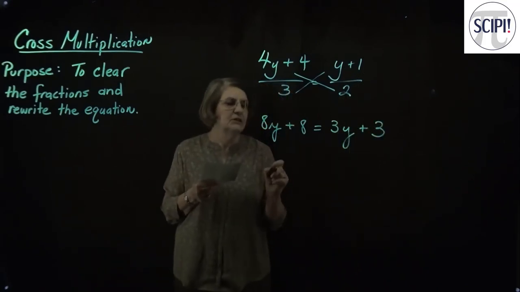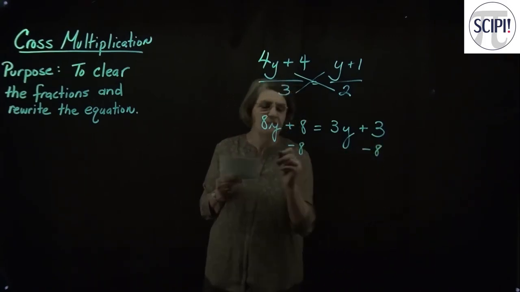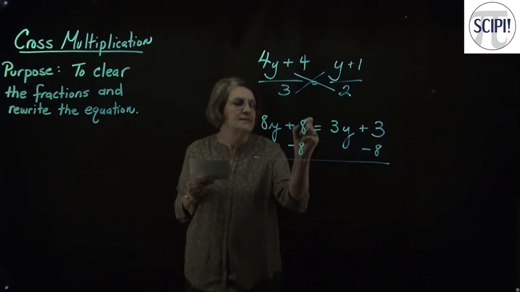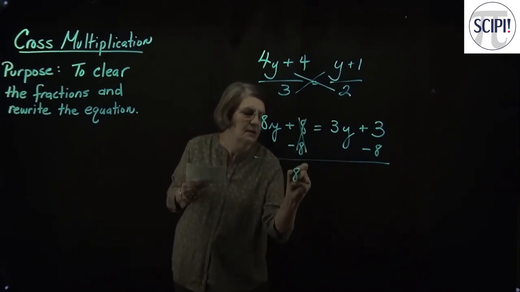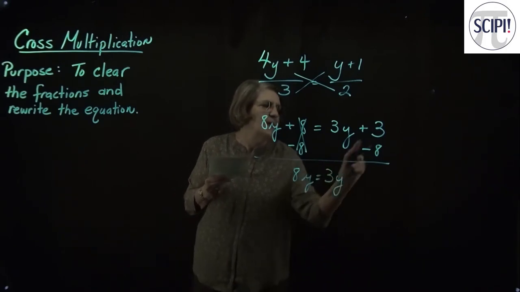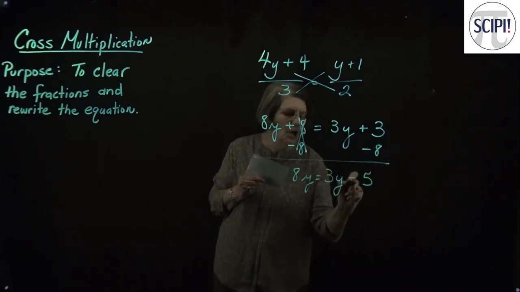Then I'm going to clear, and let's clear the 8, by doing the inverse operation. If this doesn't equal 0, then you know you've done something wrong. So 8y is 3y, and plus 3 minus 8, who knows? Not plus 5, it's minus 5. Good job.